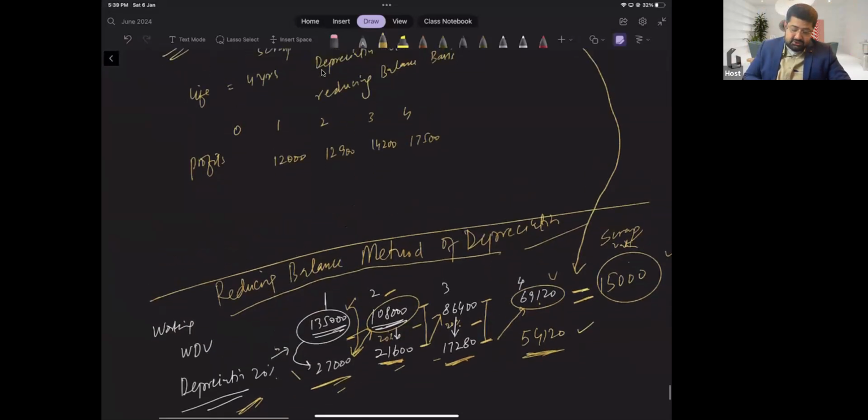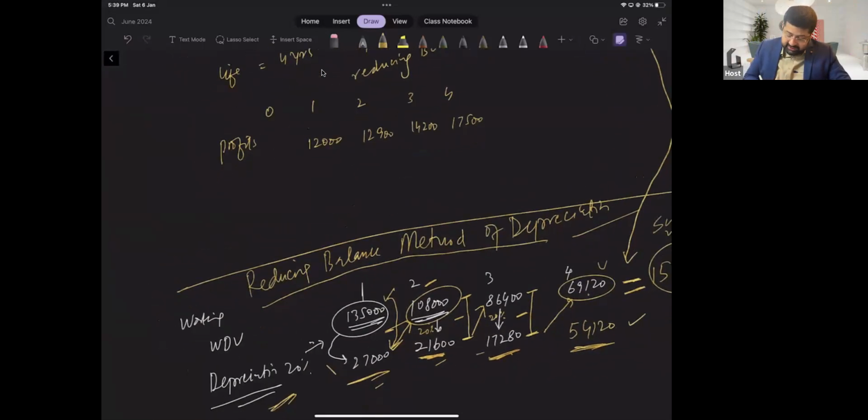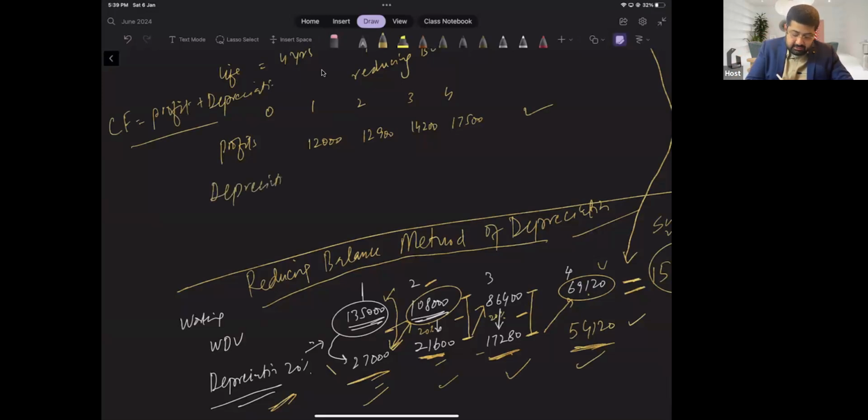Okay, now, so you see here. We have calculated 4 capital allowances, 4 depreciations. We know the formula, cash flows is equal to profits plus depreciation. Remember? We know that profits are given. Depreciation we need. Here it is, 27,000 in year 1, 21,600 in year 2, 17,280 here, and the last year, 54,120.